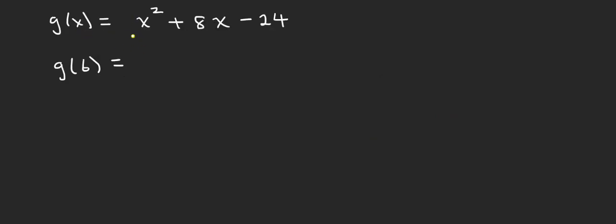You got g of x equals x squared plus 8x minus 24. So g of x represents some y value. And this means when x equals 6, what is the y value of this function? So we're going to substitute 6 for x.